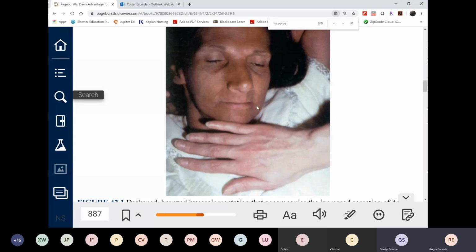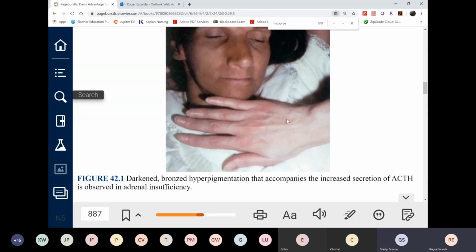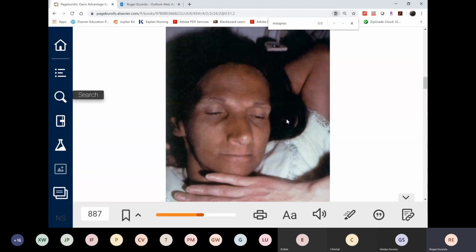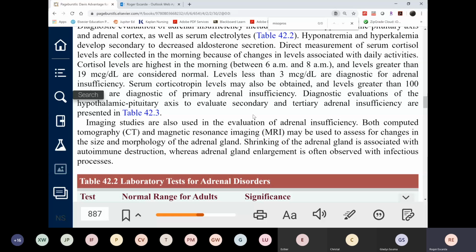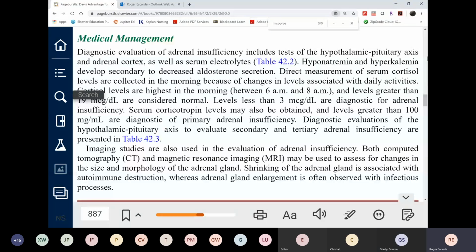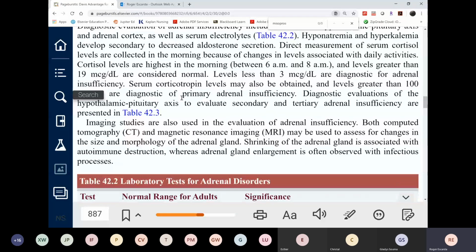So here are the skin changes. Obvious bronze colored appearance, of course compared to the patient's previous skin color, which is considerably dark. Here we'll skip the test because there is a cortisol, or what we call steroid, dexamethasone suppression test or something.